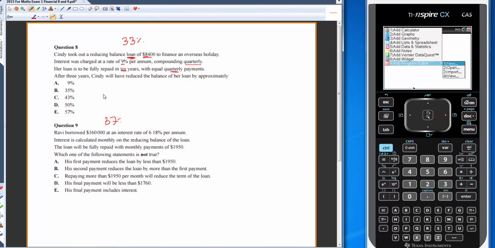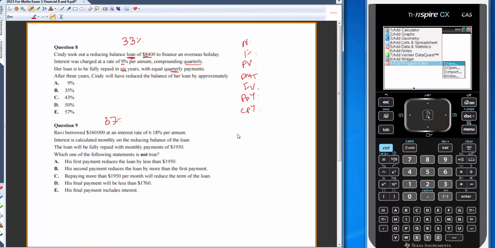All right, well, first of all, what don't we know? So let's start filling in the bits and pieces. We've got N, I%, PV, PMT, the future value, PPY, and CPY. So let's see what we've actually got first of all. What we do know is that she's got a reducing balance loan, so we know the present value.